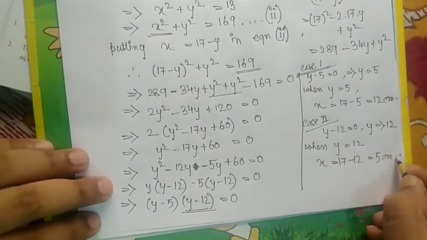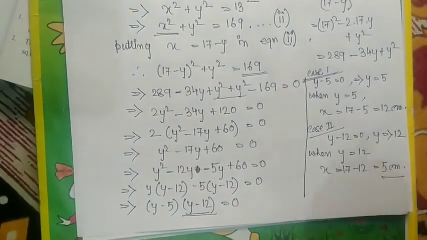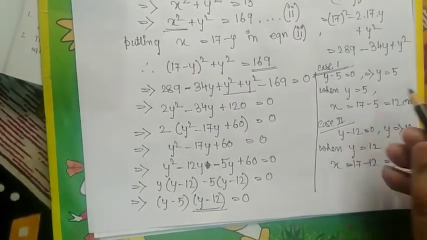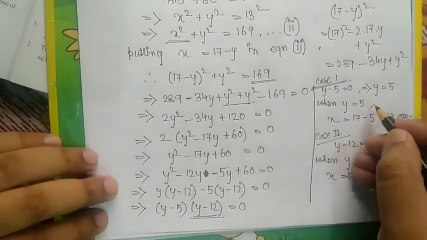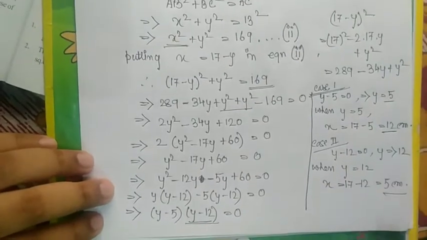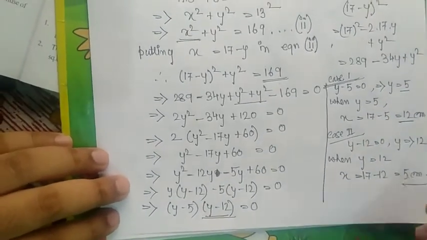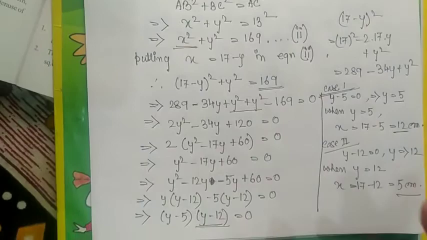There are two answers in this. When length equal to 12, breadth should be 5, and when length equal to 5, the breadth should be 12. The answer is the same, just interchanging 12 and 5. So now we have to find the area.